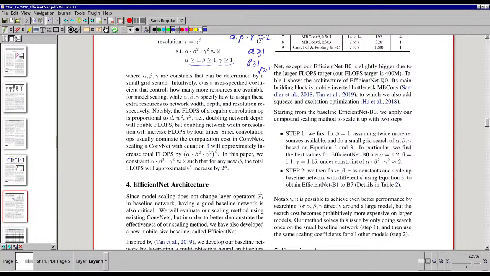Our FLOPS target is 400 million. Table 1 shows our architecture. Its main building block is the mobile inverted bottleneck MBConv, to which we also add squeeze-and-excitation optimization.